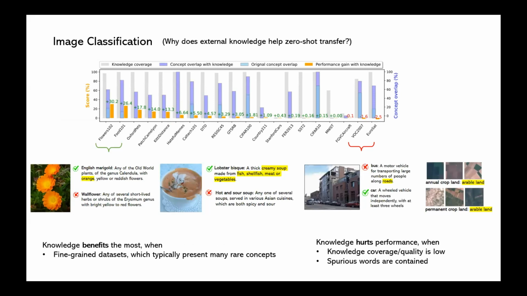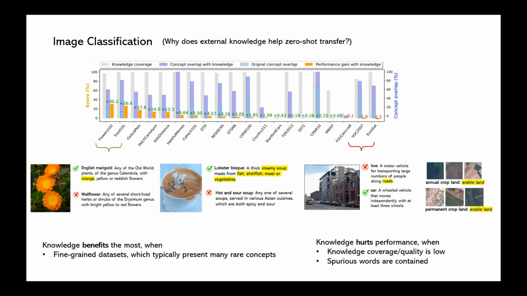We also provide the breakdown analysis results, and it shows that K-Lite improves zero-shot learning performance on 17 out of 20 image classification datasets. First of all, we take out the top two datasets that external knowledge benefits the most. It turns out those are the fine-grained image classification datasets.